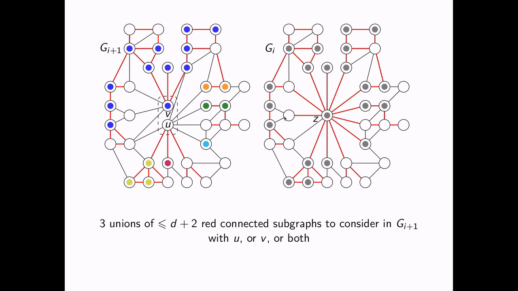The solutions mapping to the gray dots here correspond in G_{i+1} to at most d plus 2 connected components. Here we have them with different colors. For the blue component you know the best solution, for the orange component you know, and so on.